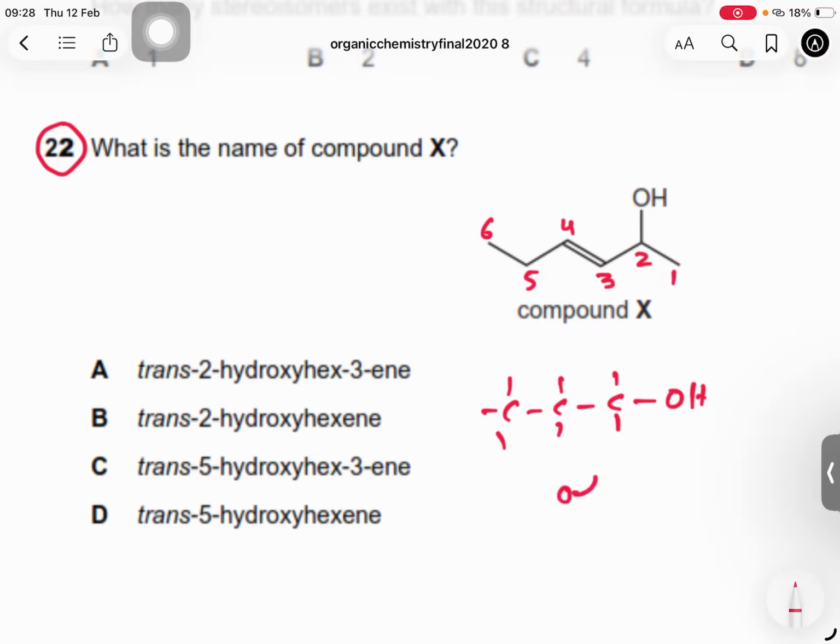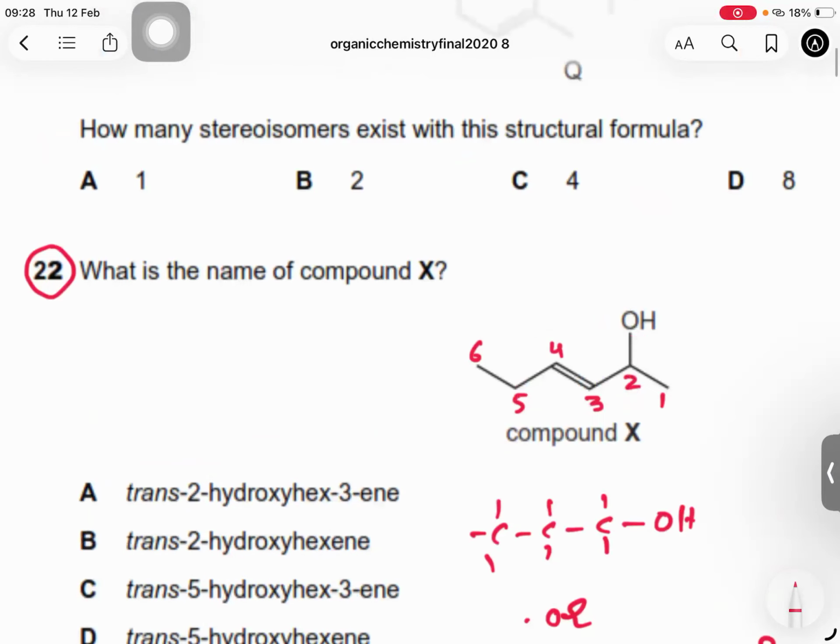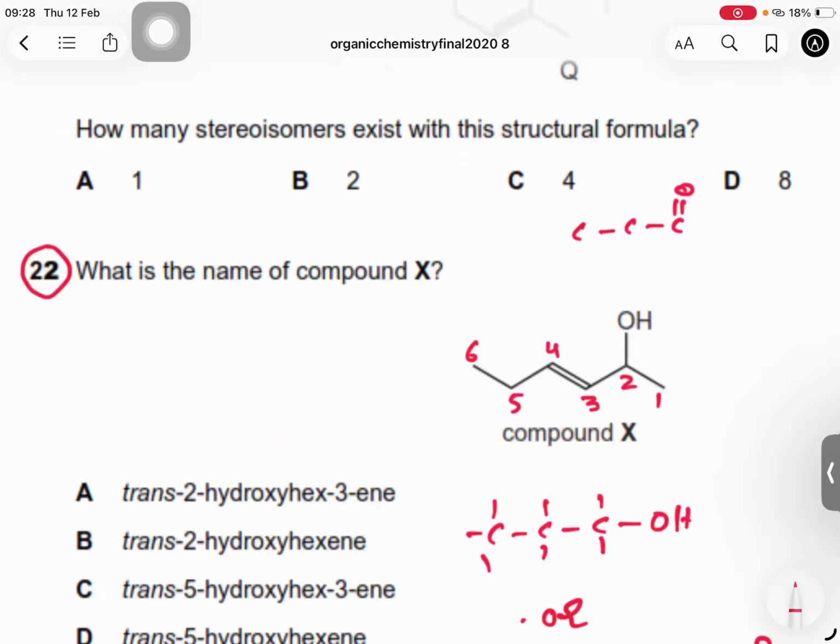We name it with 'ol', for example propanol. But when the OH functional group comes with another functional group, like a double bond or a carboxylic acid, there are two functional groups present on one compound.